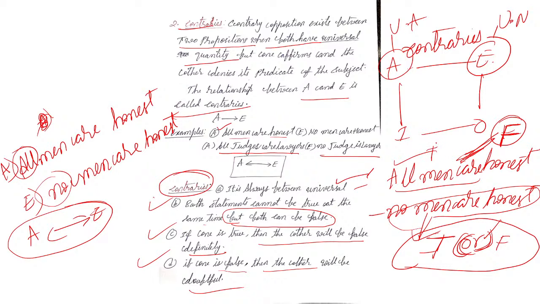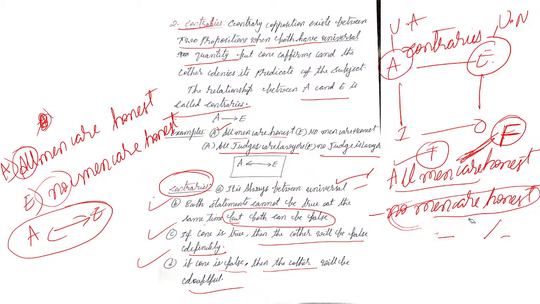If it is true, then I can say no men are honest is false. But if it is false, I cannot say no man is honest is true, because some men may be honest, right? Suppose all men are not honest is false. That means I cannot say this is true, because out of all, some men may be honest.